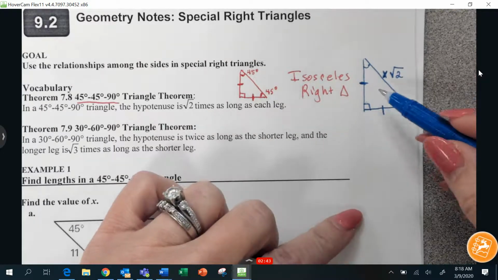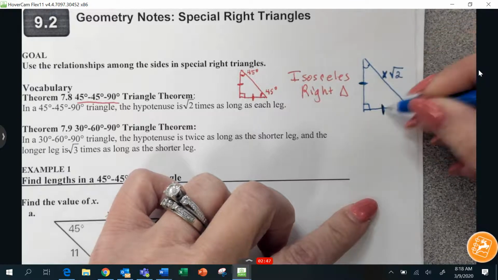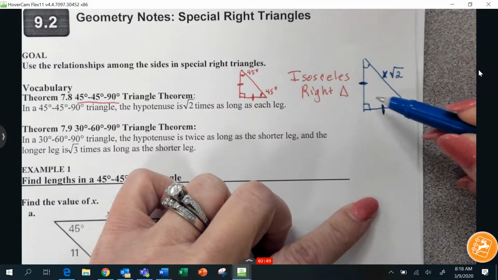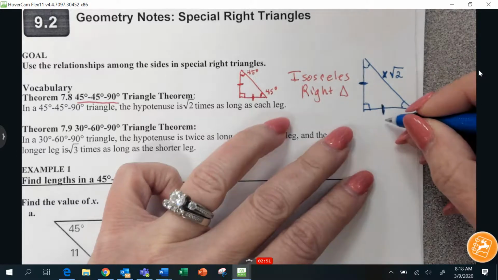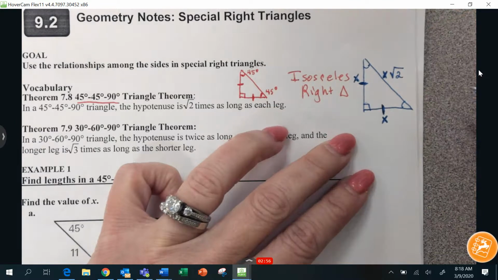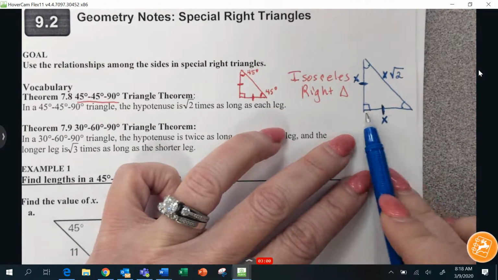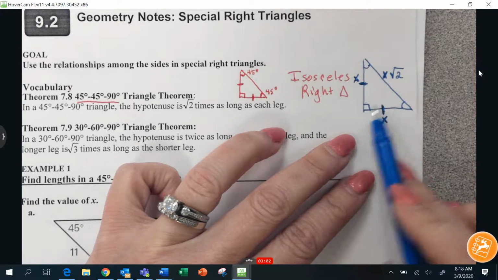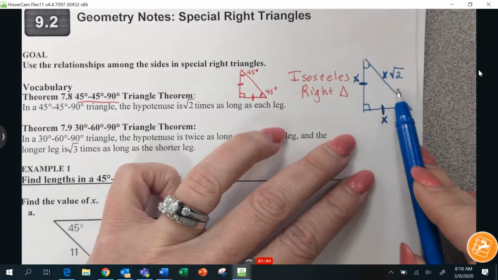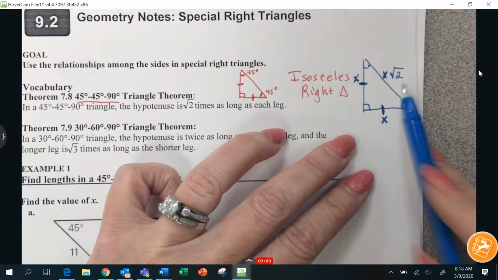And then the two other sides, what can we say about both of these sides? They're congruent. So the two other sides, we're going to call those lengths x. If I know the length of the congruent sides, I can find the length of the hypotenuse by taking this number multiplied by square root of 2.